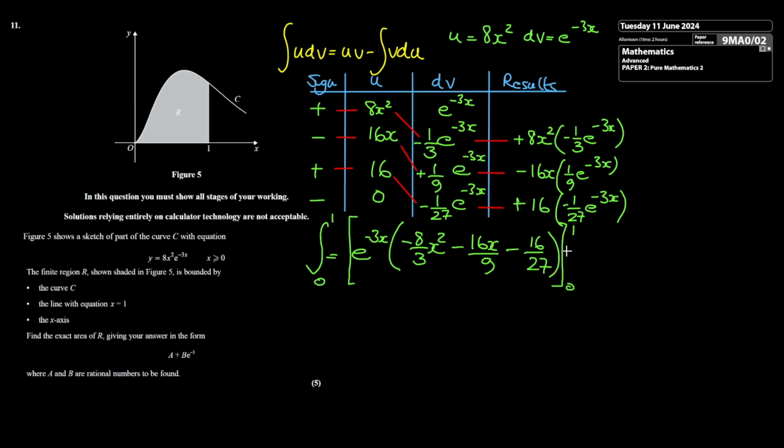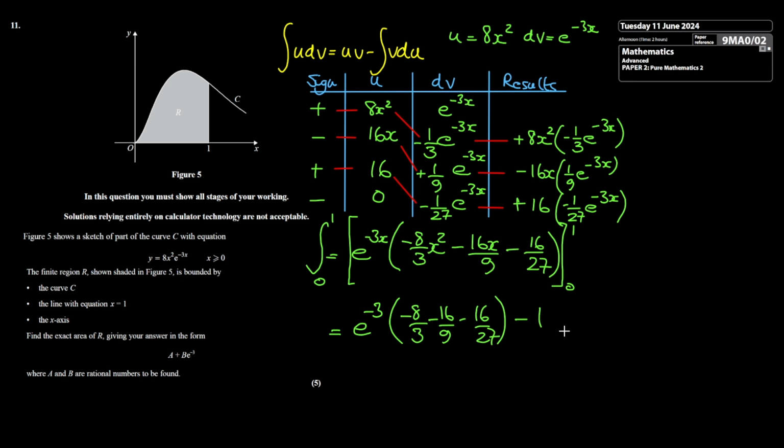We don't have to bother with c because we have limits. So substituting, this is equal to e to the minus 3 times minus 8 over 3 minus 16 over 9 minus 16 over 27.